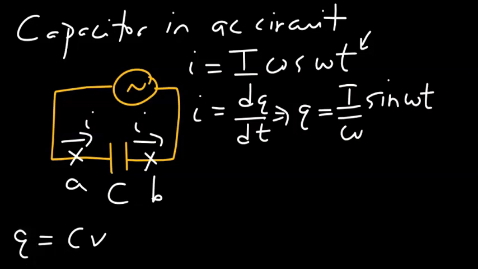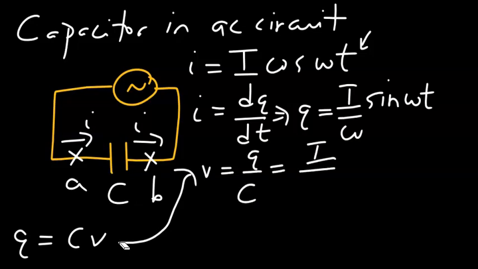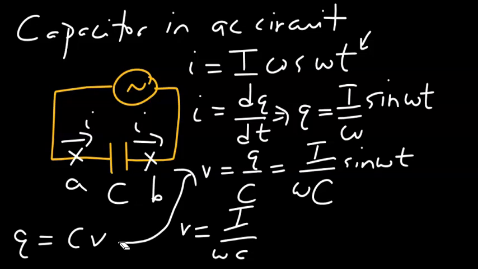Putting that in here, you get the potential difference between points A and B to be Q over C, or quite simply, I over omega C sine omega t. And you can write it in terms of cosine as follows: I over omega C cosine(omega t minus 90 degrees).